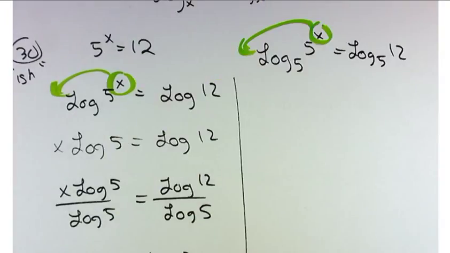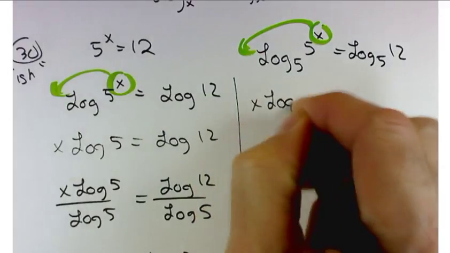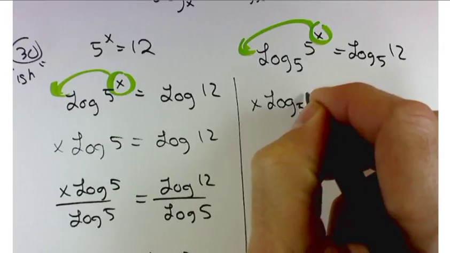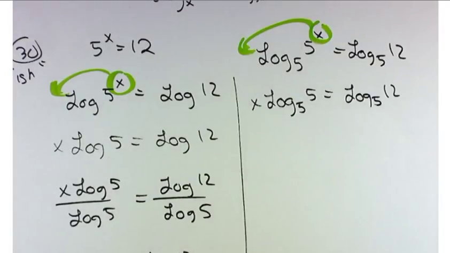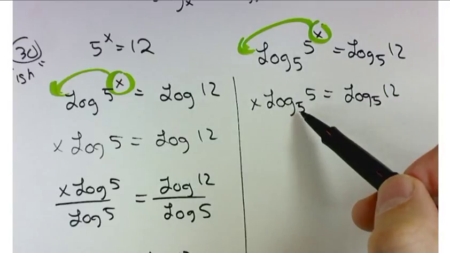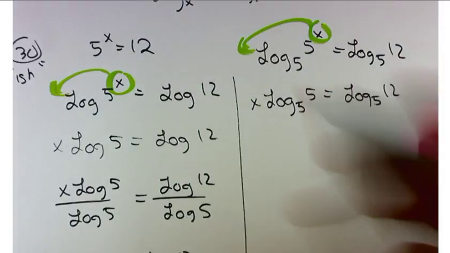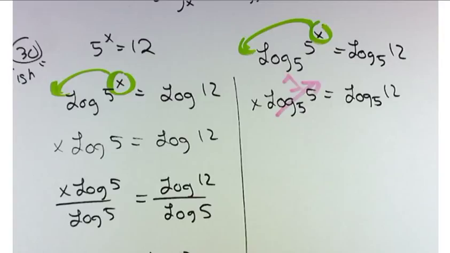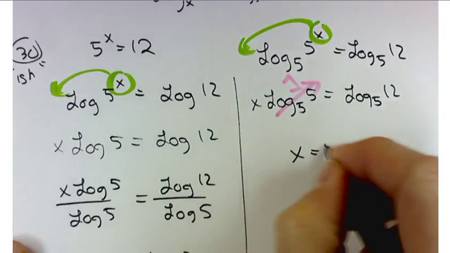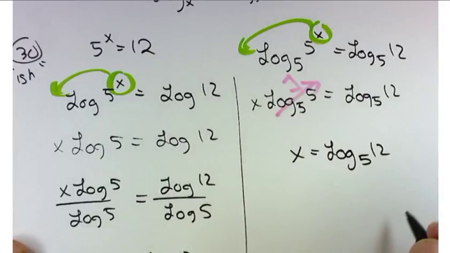I'll do this in two steps instead of one. You could say that's x times log base 5 of 5 equals log base 5 of 12. What power of 5 gives me 5? 1. So this is really a 1 here. So x is log base 5 of 12.